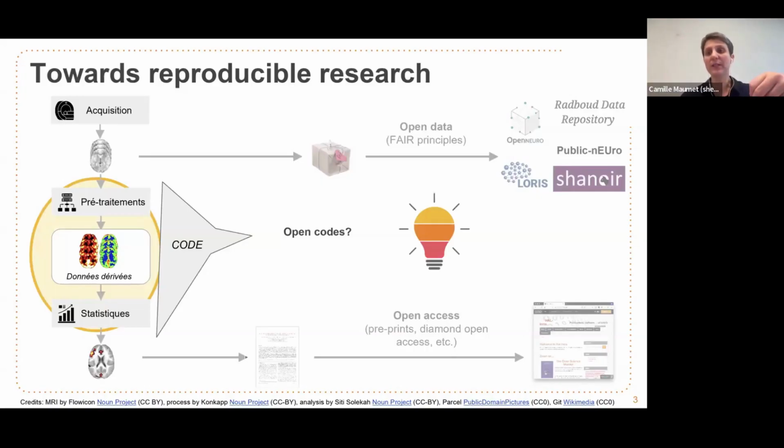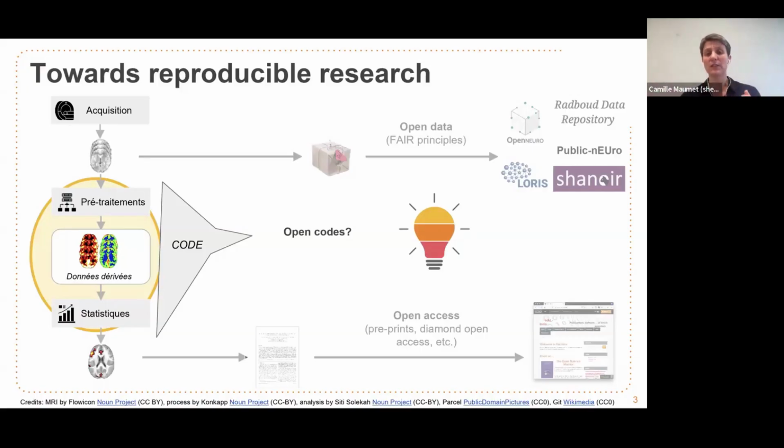And one interesting point here is that for open data, if you work with data from human participants, sometimes it's not so easy to share the data if you think about it too late in your analysis. Let's say you've done all your analysis, your paper is ready, and then you want to share the data. If you haven't thought from the beginning that you needed to get consent from your participants, then this is going to be very complicated.